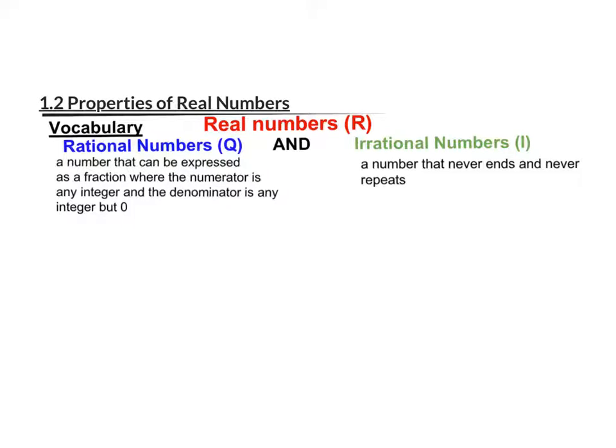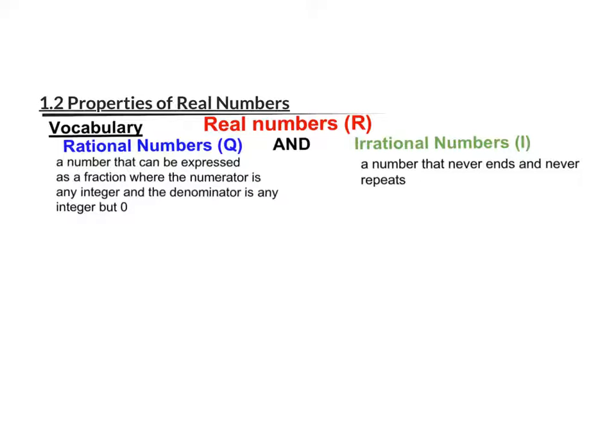But it doesn't repeat either, right? You know decimals that go on forever and ever, but they have a pattern, a repeating pattern. Those are rational because I can write them as fractions. Okay? Basically, any square root that is not a perfect square is irrational as well. And we're going to get into some of those examples.